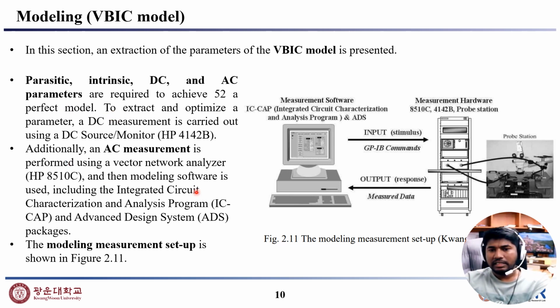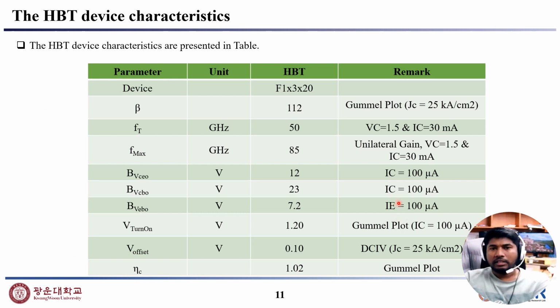Additionally, AC measurement is performed using a vector network analyzer, and then modeling software is used, including the integrated circuit characterization analysis program. The modeling measurement setup is shown in this figure. You can see it in the right figure. And the HBT device characteristics are tabulated here.